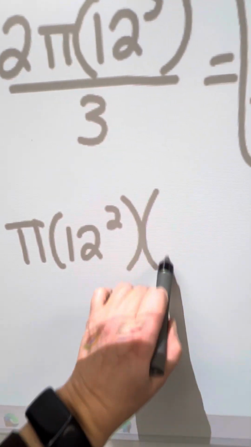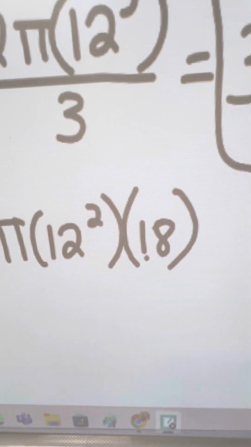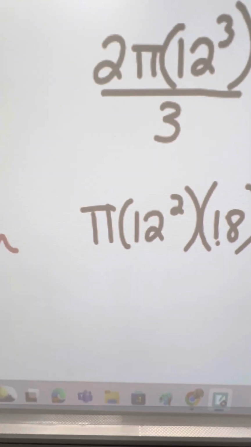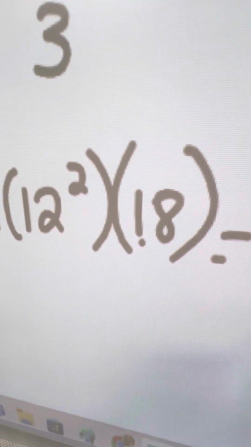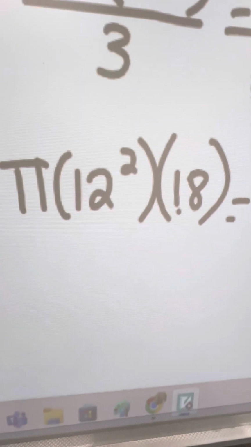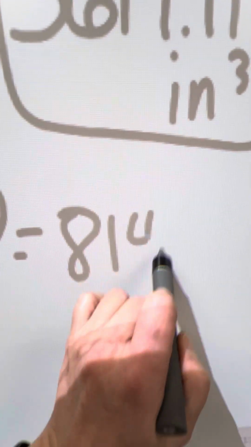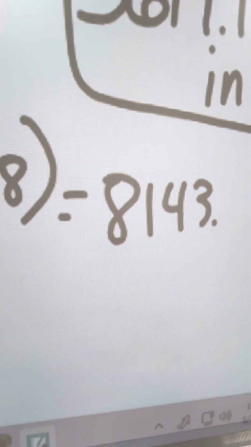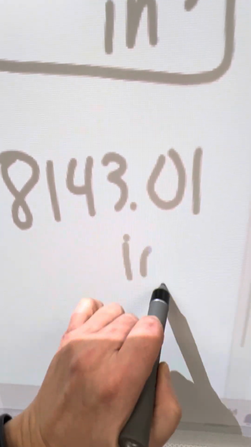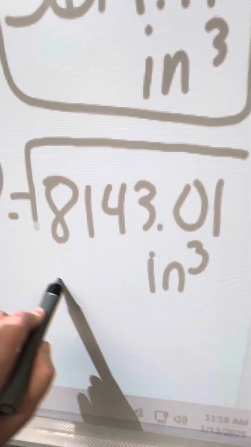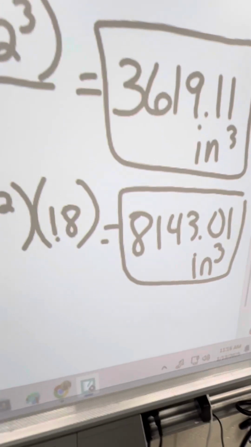And then we now know the height, which is 18. When I do the calculation for that, I get a value of 8,143.01 roughly inches cubed. So that is my cylinder shape.